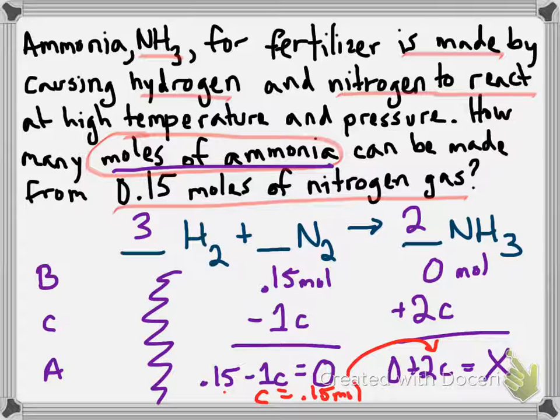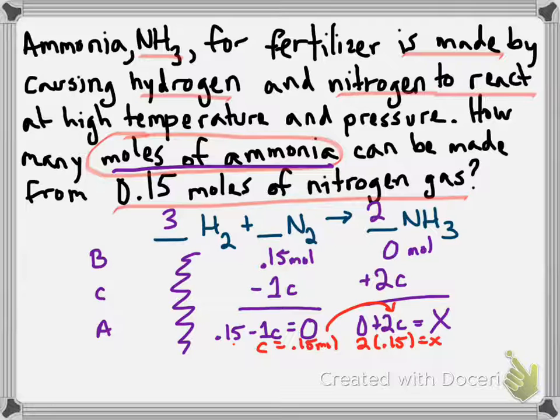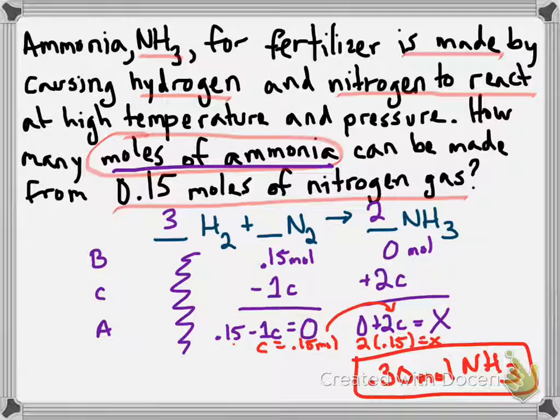So 2 times 0.15 is going to equal my X. So 2 times 0.15 is like 15, so 2 times 15 is 30, so 2 times 0.15 would give me 0.3. So my X equals 0.30 moles of NH3 will form, so that's my answer.